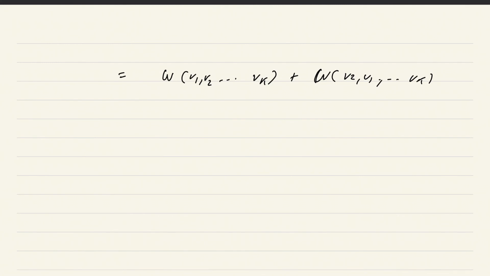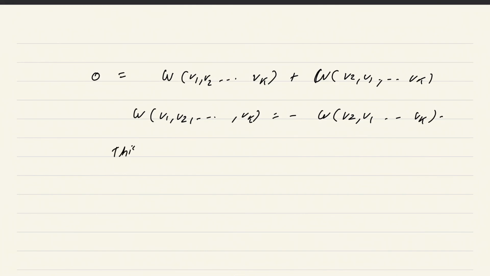That means omega of v1 v2 dot dot dot vk is equal to omega of v2 v1 dot dot dot vk with a negative sign in front. So this essentially proves 3 implies 4. I've just interchanged the first and second, but it's very clear that it will hold for any transposition.